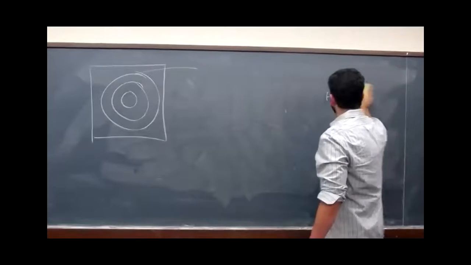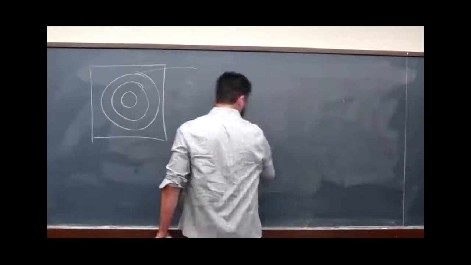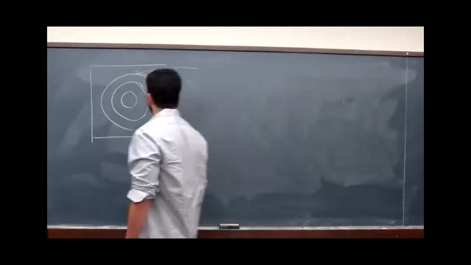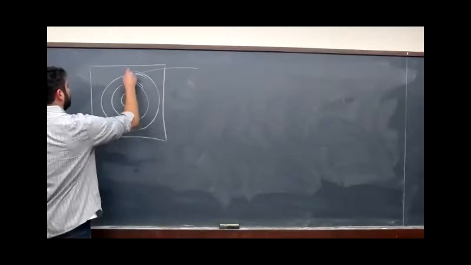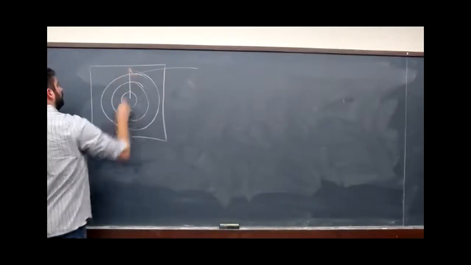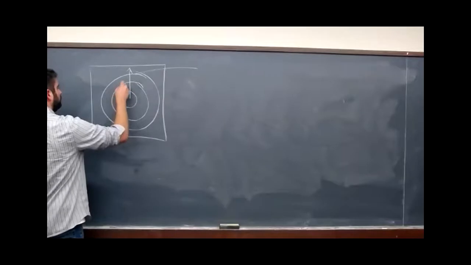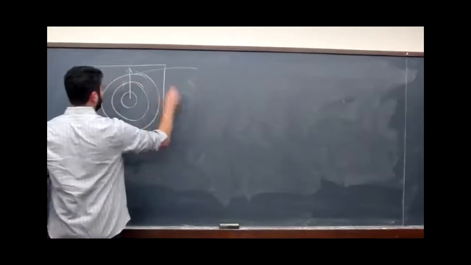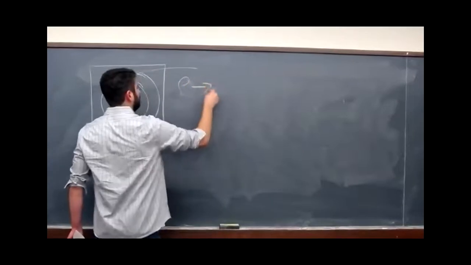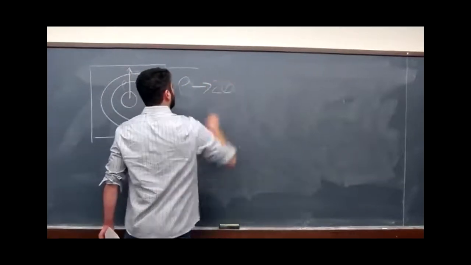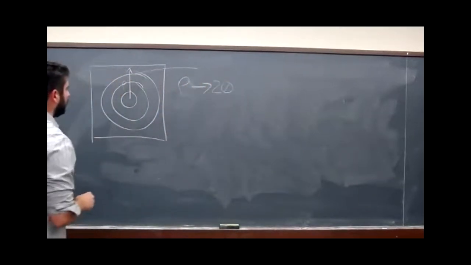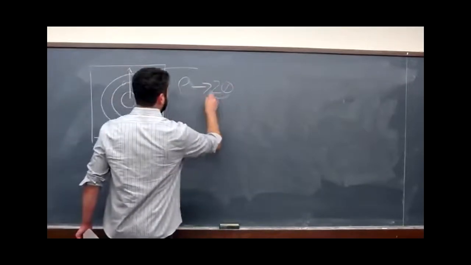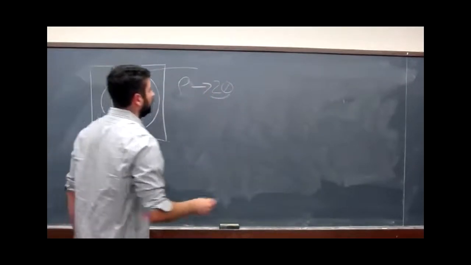Now, for most of today, we're going to be concerned about the distribution of intensity in this radial direction, which we can relate to twice the Bragg angle. So for shorthand, we're going to talk about this in the 2 theta direction.